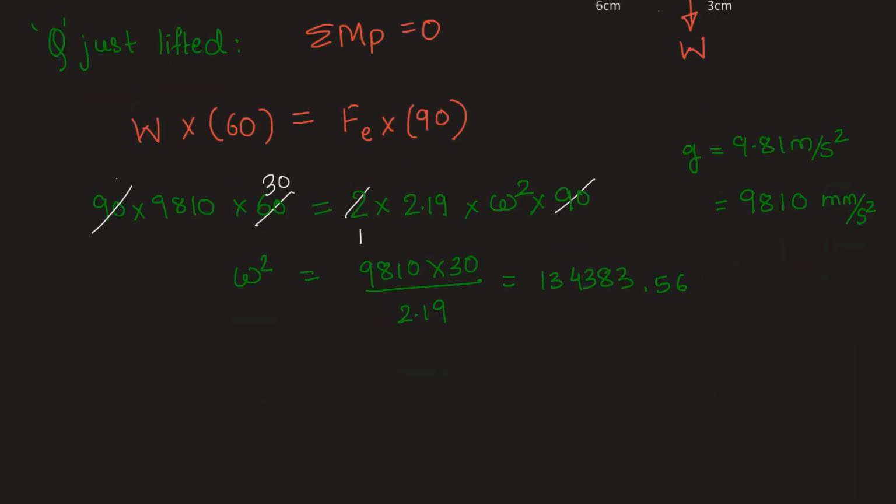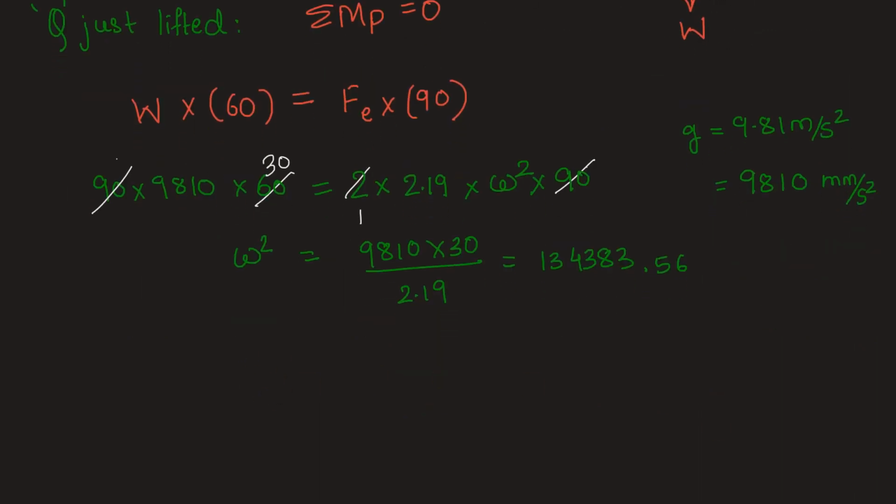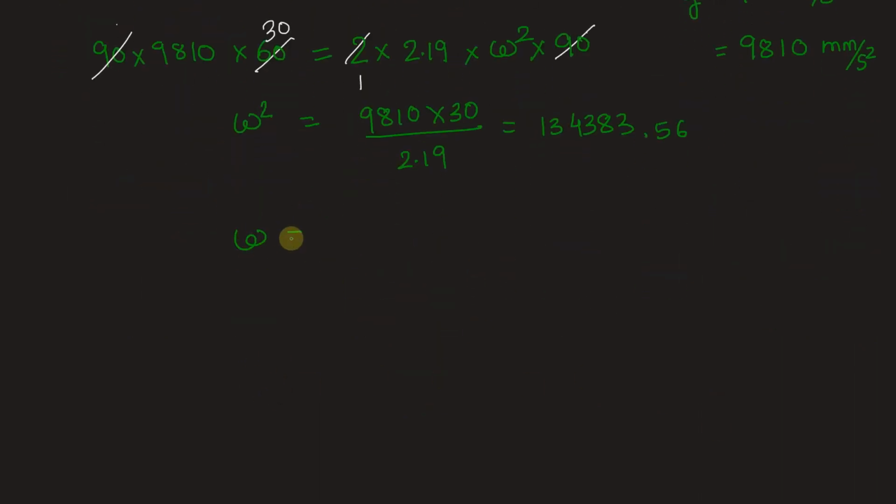We have to find out omega, so we'll take the square root on both sides. We have omega is equal to root over 134383.56. Calculating that in the digital calculator, we have omega as 366.584. The unit will be radians per second.